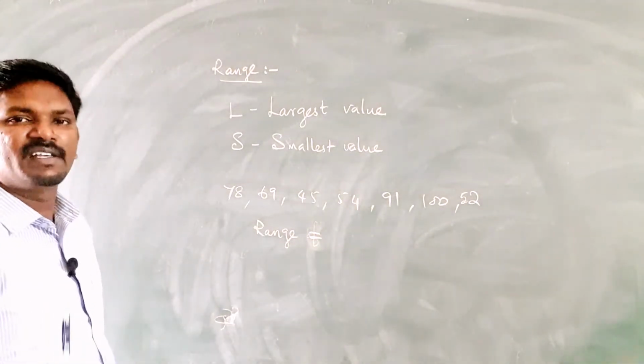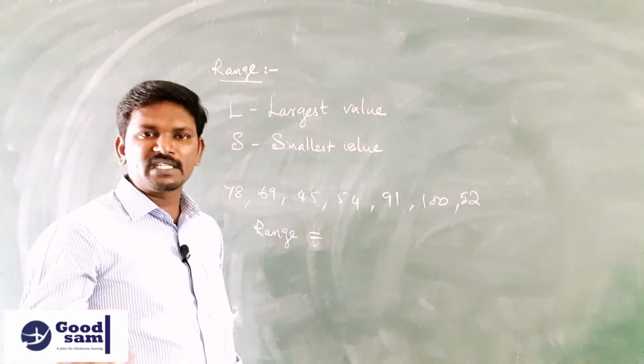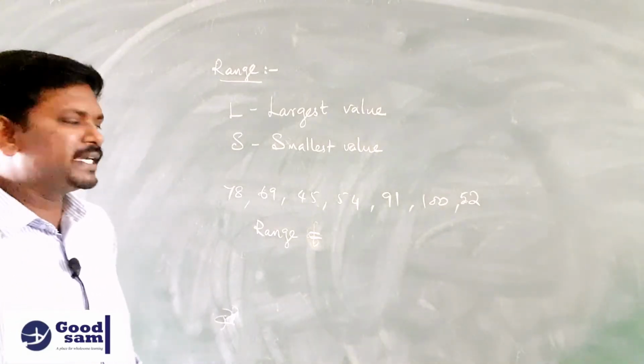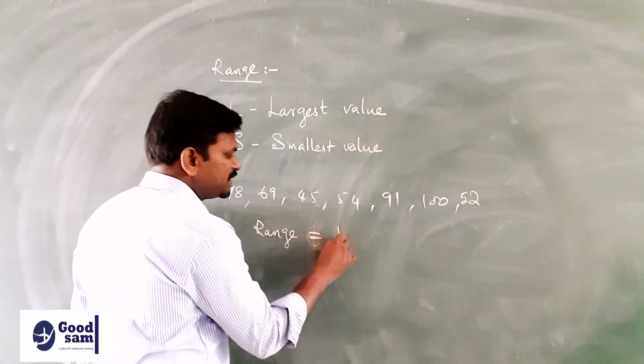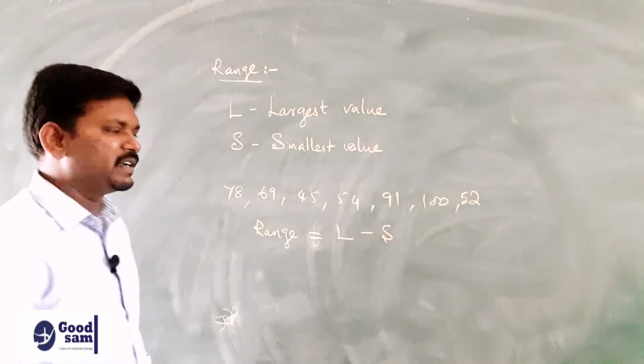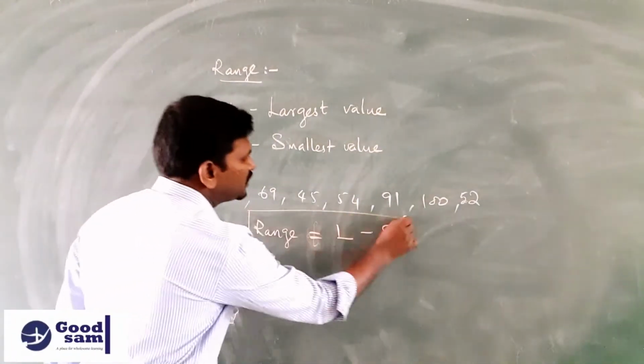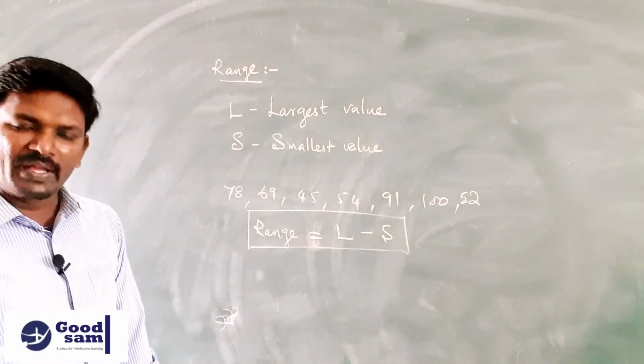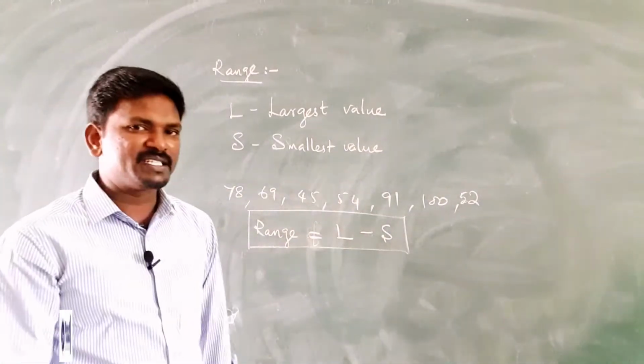The difference between the largest value and the smallest value of the data. The difference means subtraction between the largest value and the smallest value. This is the formula of the range. Range is equal to L minus S.